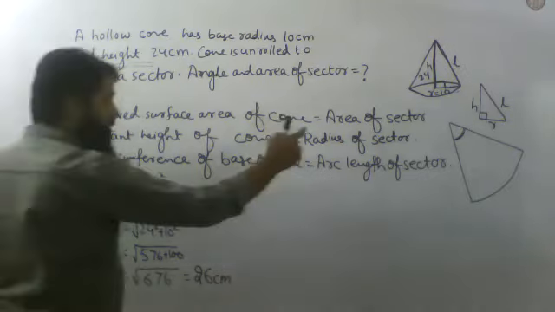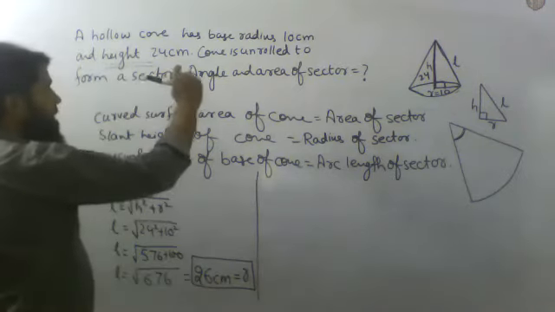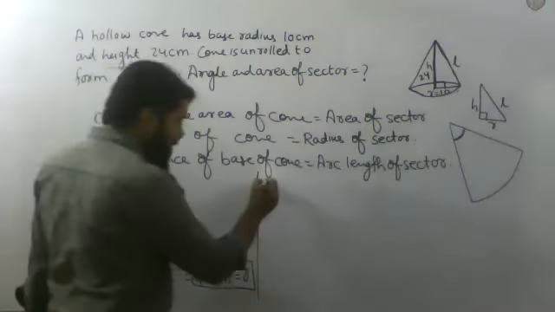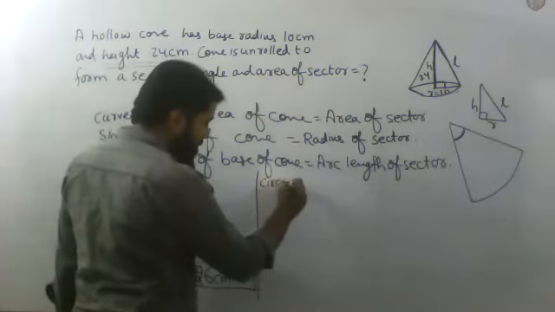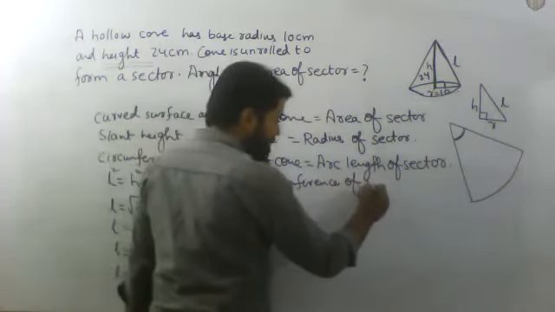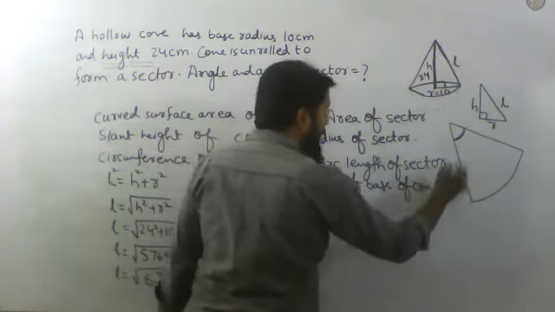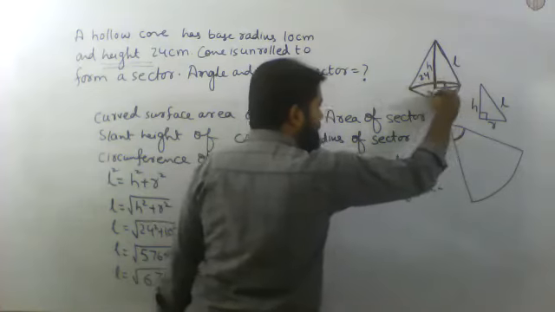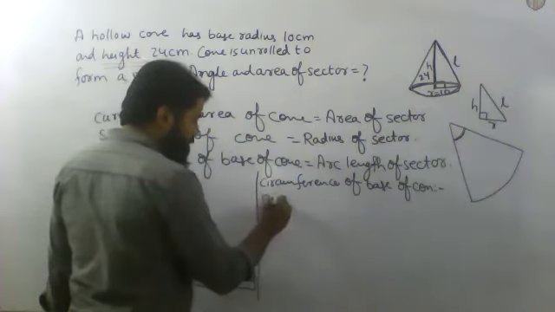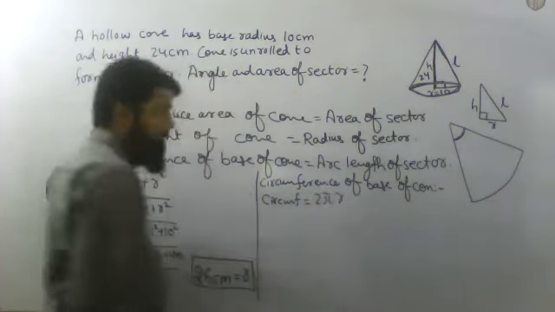Now, what is the second thing I can find from here? They have given me base radius. So I will find circumference of base of cone. The circumference formula is 2 pi r.